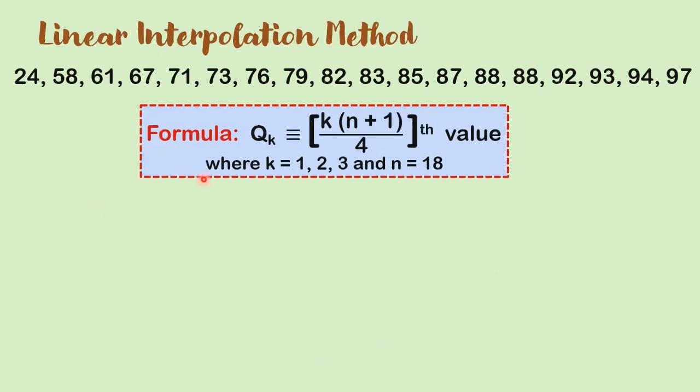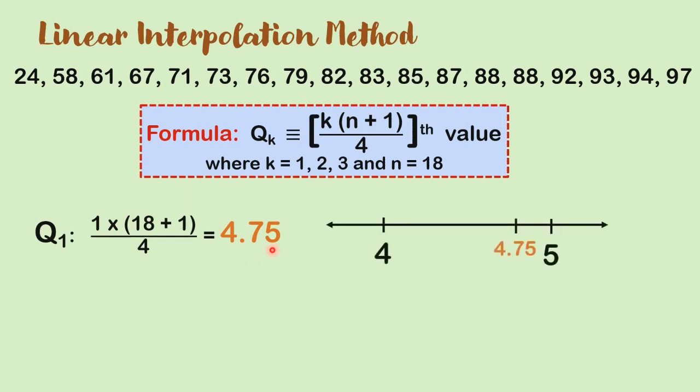Now, let me show you how to use linear interpolation. So, if you recall, ito yung nakuha nating value for Q sub 1 using this formula. It's not a whole number. Diba, yung 4.75 is between 4 and 5. Right? Now, anong ibig sabihin ng number line na ito?